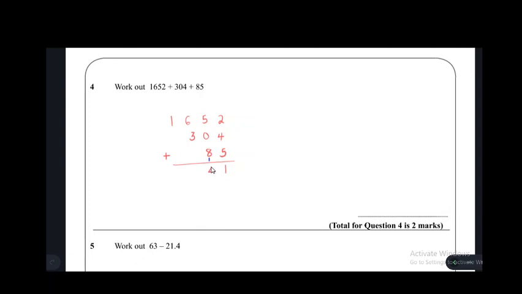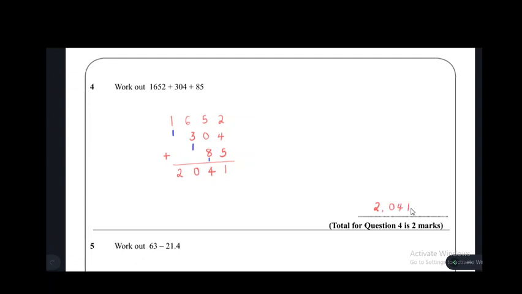So I'll put a 4 here, and then I'll carry the one that has remained. I'll put it there, and then we have 6 plus 3. 6 plus 3 is 9, plus 1 is 10. 0, and then I carry 1 again. So I'm going to carry it at that point, and then 1 plus 1 is 2.